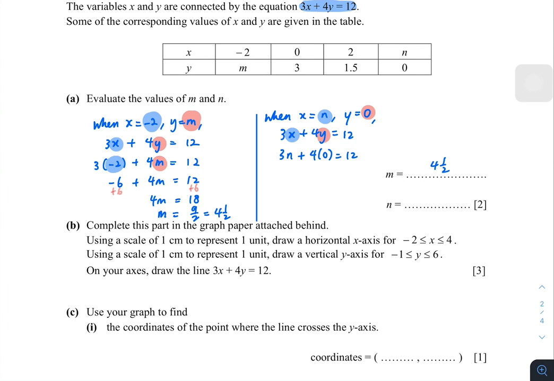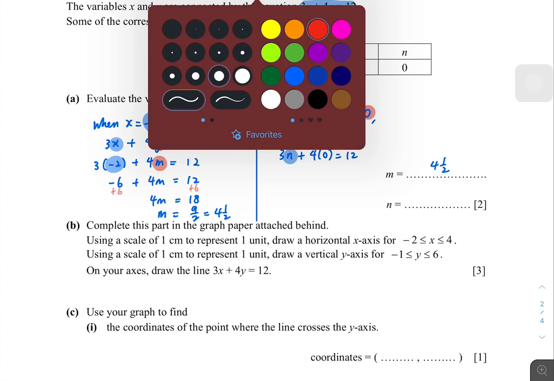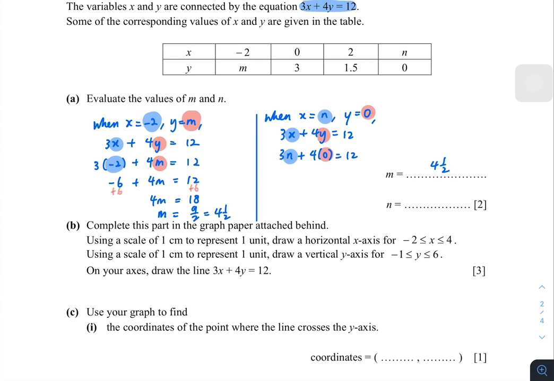So we have 3n plus 4 times 0 equals 12. It's just the substitution. So 3n plus 0 equals 12. Divide by 3, n will be equal to 4. So m is 4.5 and n is equal to 4.